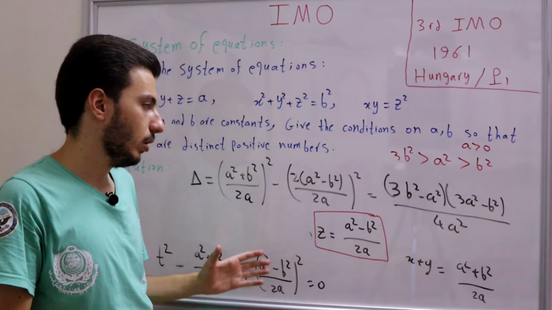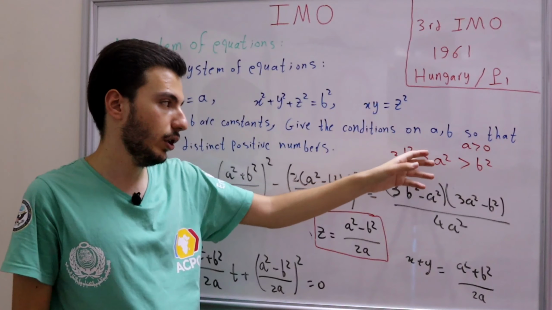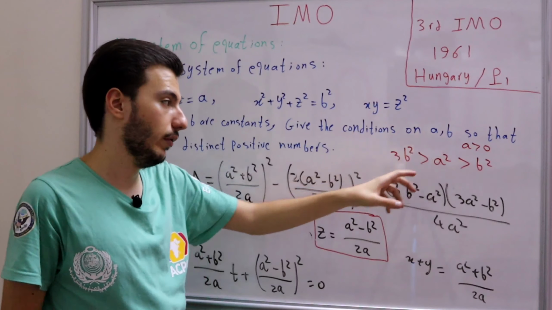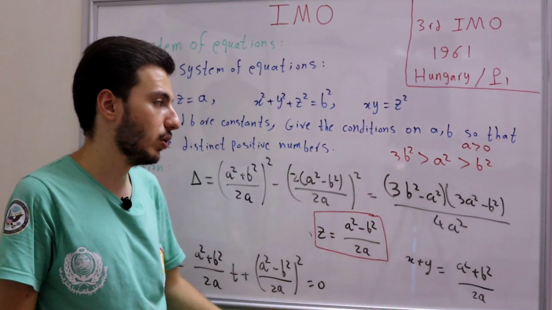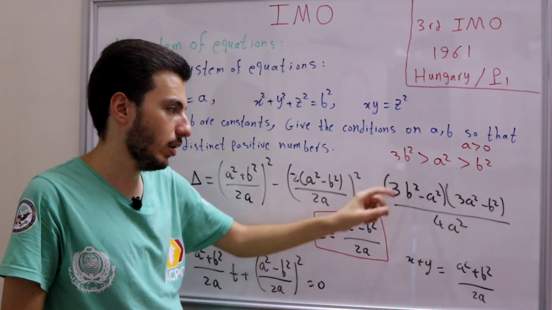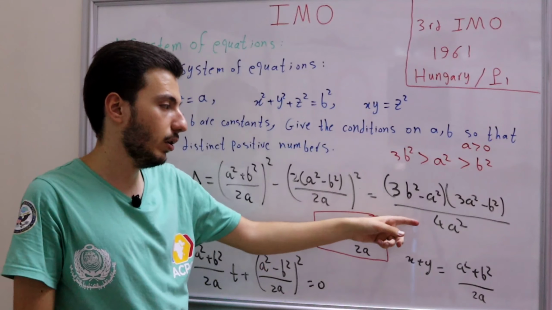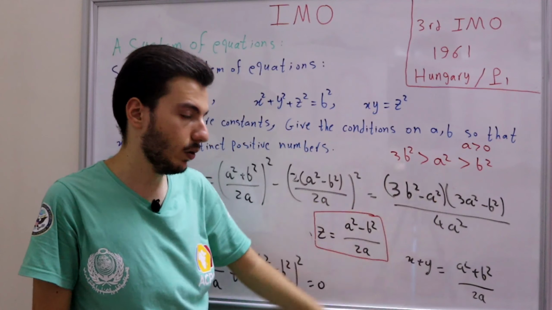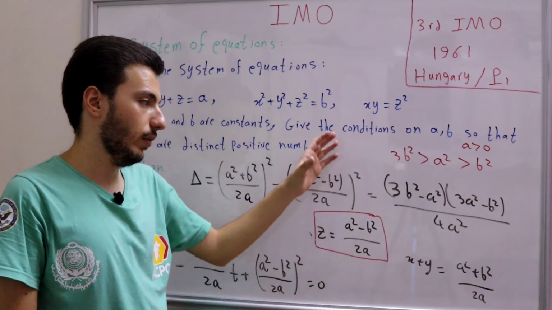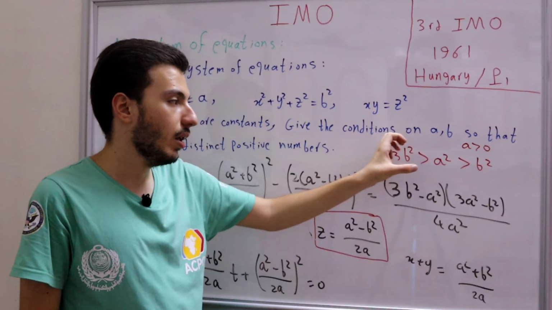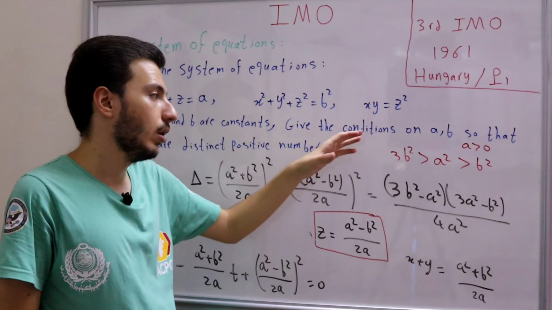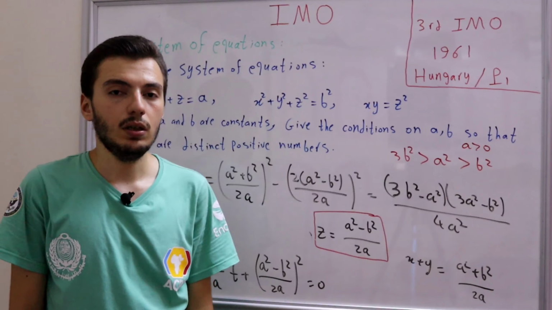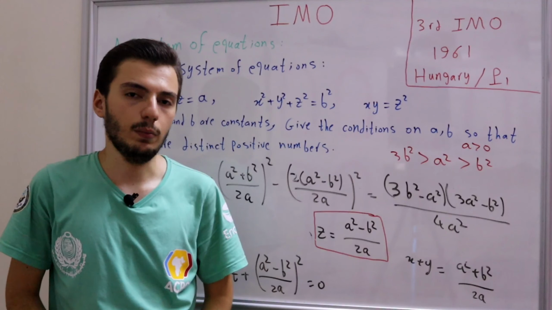And we started bit by bit, each time we find some simple condition. So first of all, a is greater than 0, then a squared is greater than b squared. Then from here, because the delta is positive, we must have 3b squared is greater than a squared. And we've proven that these are enough in order for x, y, and z to be distinct positive numbers.